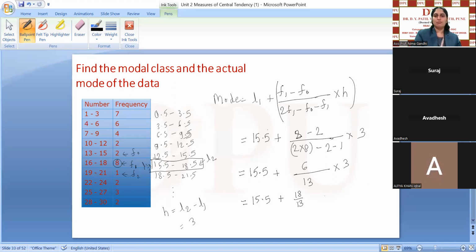You're adding it to 15.5. 15.5 plus 1.384. The answer is 16.884.